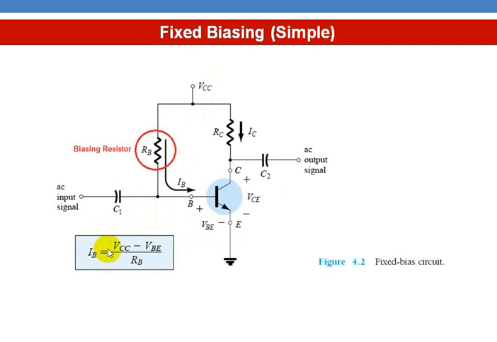Whenever there is variation in the parameters, it will not be reflected in this current, and therefore this circuit is not stable, and the collector current cannot be maintained constant.